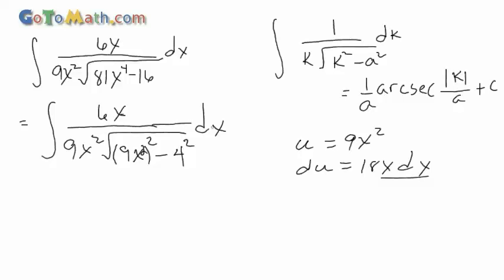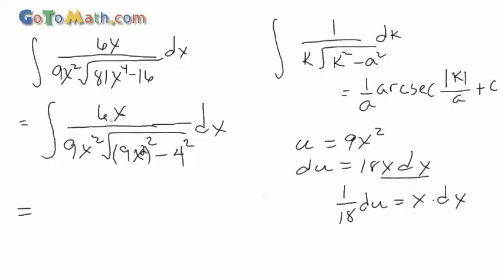What I've been doing in all these problems is I've just been taking this 18 down over in this direction. And now we're going to substitute this x dx in for the 1 over 18 du. I've been putting the 1 over 18 and getting it out of the way over here, and that's what we're going to do.